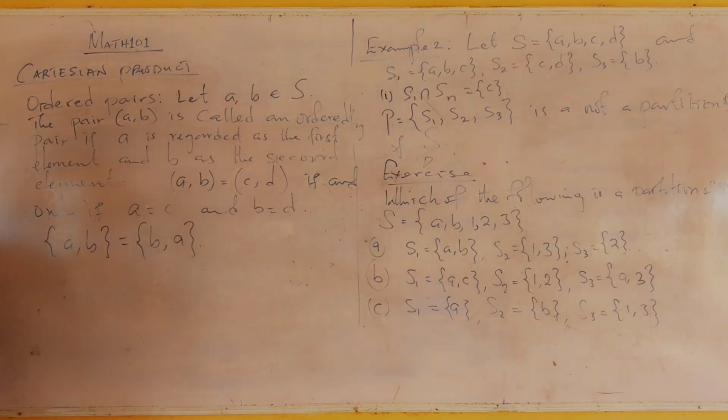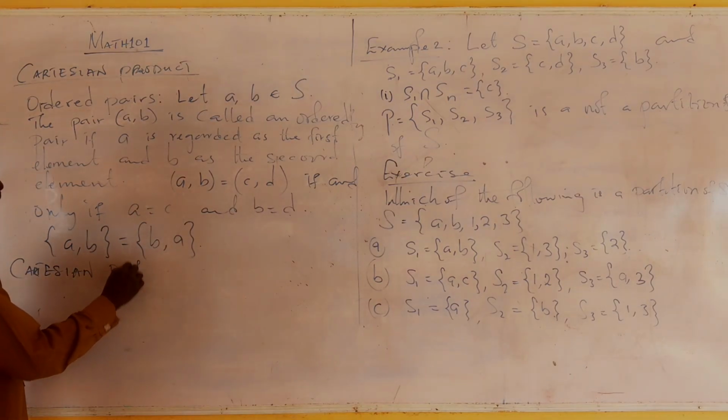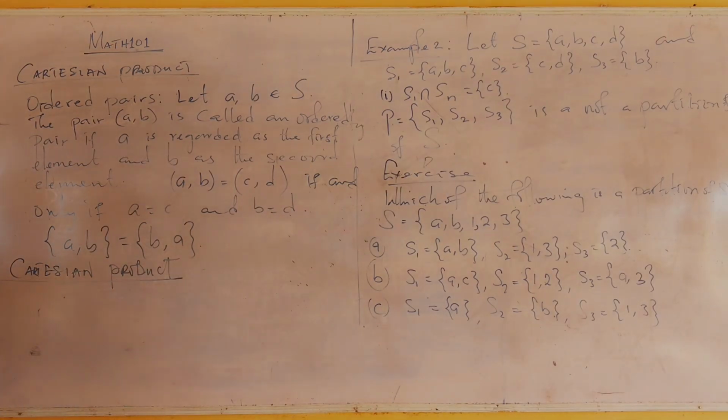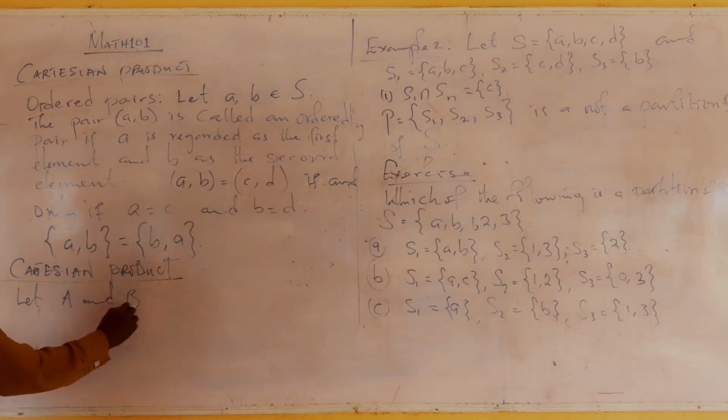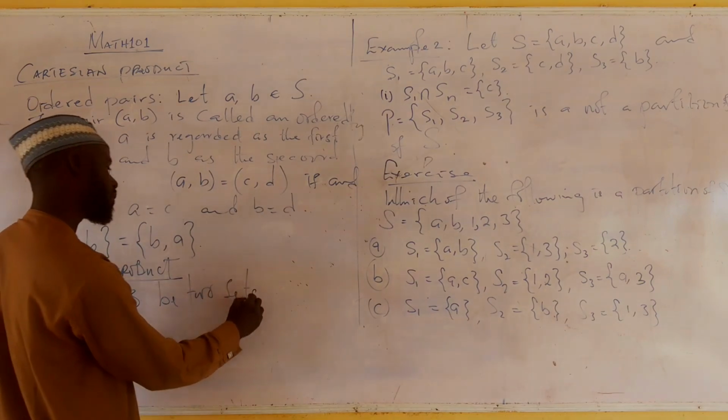We are now ready to take the definition of Cartesian product. Let A and B be two sets.